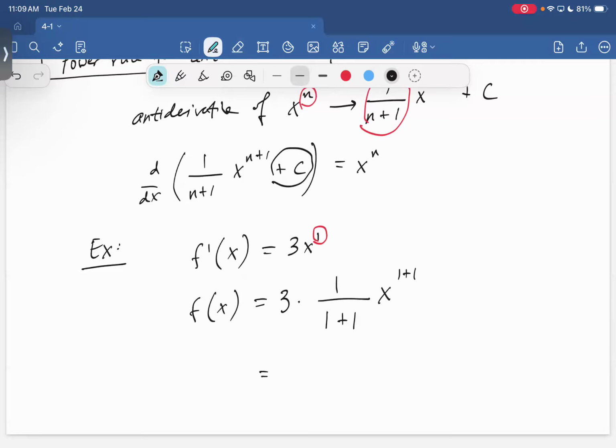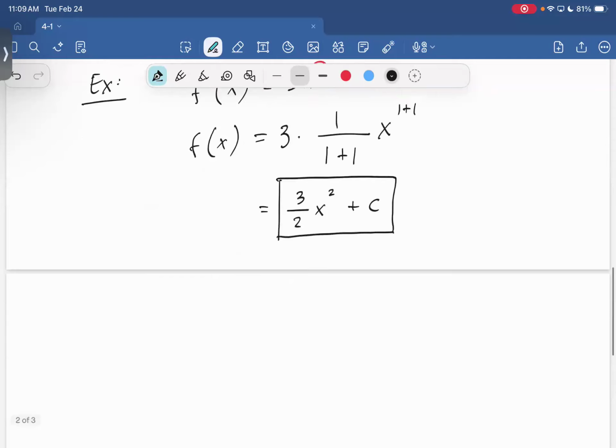So you're going to end up getting 3/2 x squared plus c. Without the plus c, it's not totally correct. We can confirm this: if we went back and took the derivative of 3/2 x squared plus c, we would get 3x.